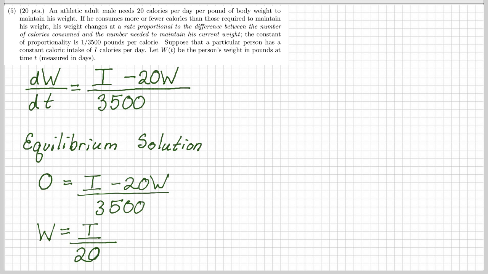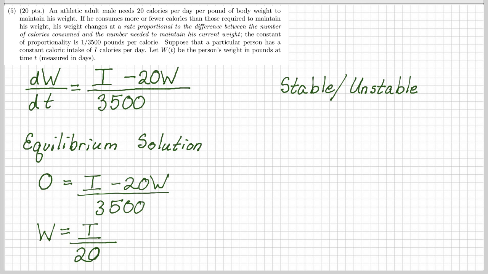Okay? So is this a stable or unstable equilibrium solution? The question just asked to decide based on the context. I like my students to answer questions in words. I usually have at least one question on my test that they just have to think about and explain. If this were an unstable equilibrium solution, there would be a way for me to become negative 2,000 pounds.